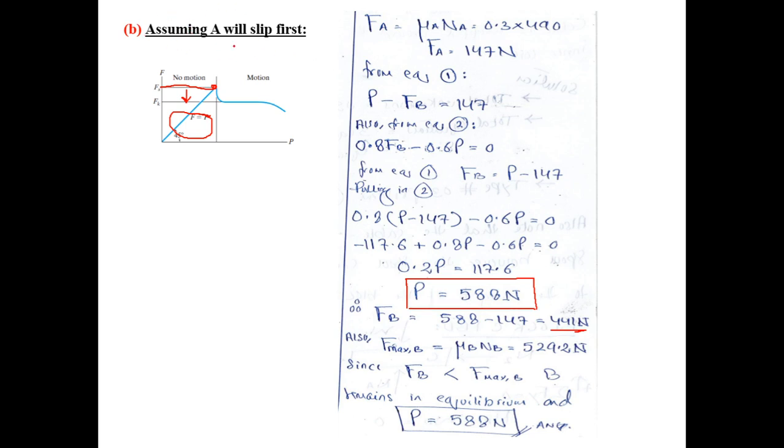So that is why we had to change our assumption and resolve the problem, get the value of P again, and then verify our assumption. And then in the end, we have concluded that this is the right value of the force that is required. And this is how we solve a type 3 problem.